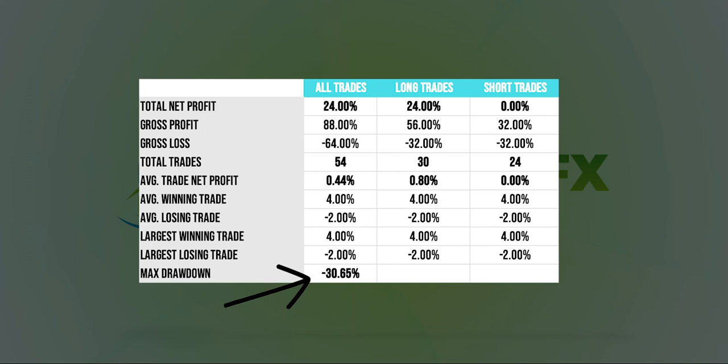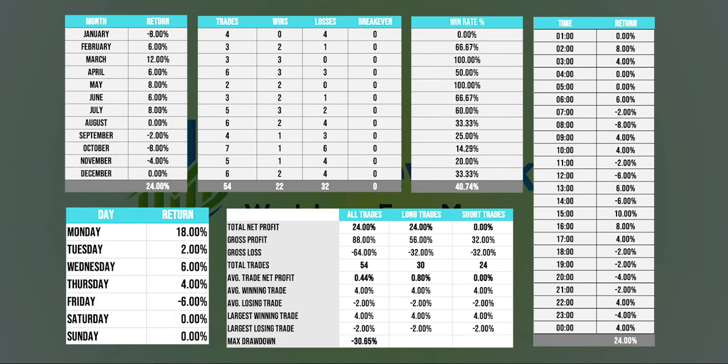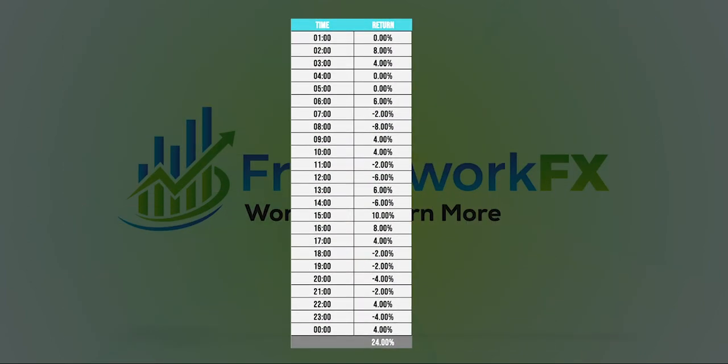Now that's really not what we're looking for, especially if you're looking at combining this with several other pairs, because you're just going to see that max drawdown increase and increase. But I think as we move on here to look at other elements of this strategy, we're going to see places where we can definitely bring that max drawdown down.